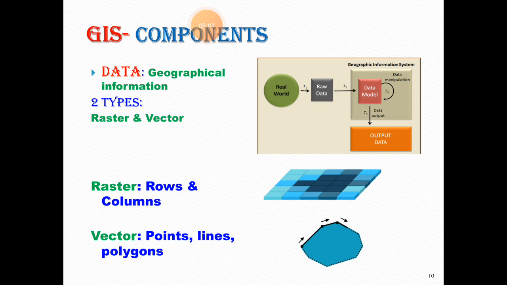It is widely used to represent land cover, temperature data, imagery data, etc. Whereas the vector data or layer data is in the form of points or lines or polygons. It is used to represent the administrative boundaries of a given geographical area. You can visualize the data types, namely raster in the form of rows and columns, and vectors in the form of points and polygons, as represented in this slide here.